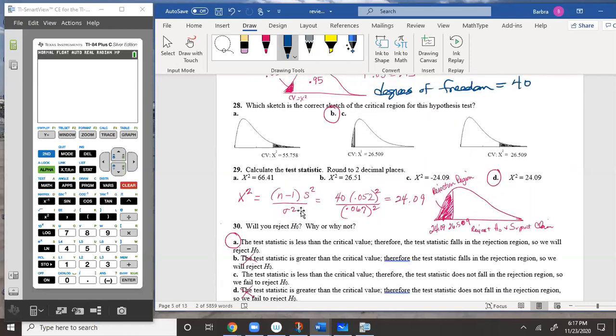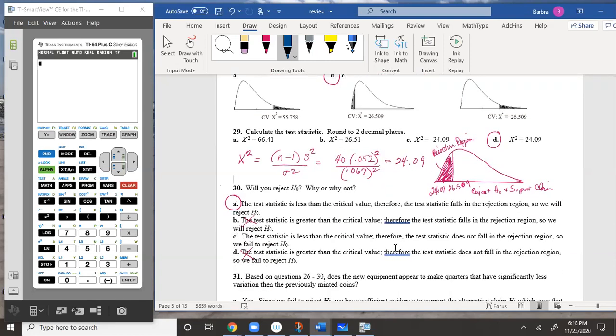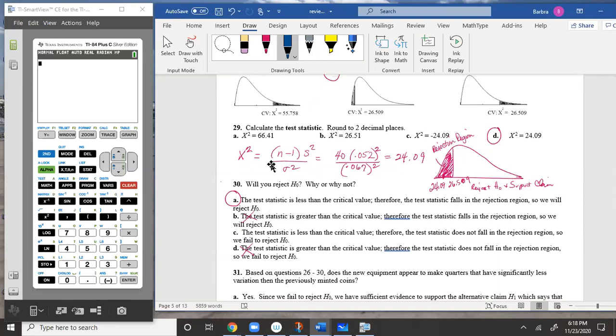And sigma is 0.067. That was from the claim. Okay, so go ahead and put this in your calculator. 40 times 0.052 squared divided by 0.067 squared. Hit enter and we get 24.09.